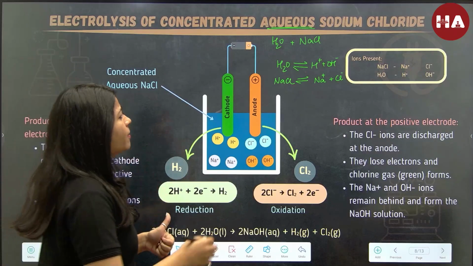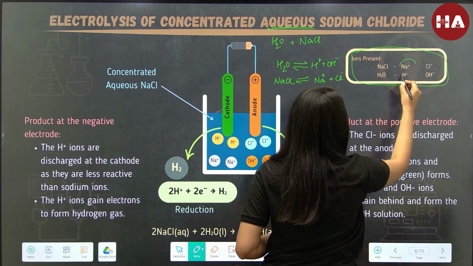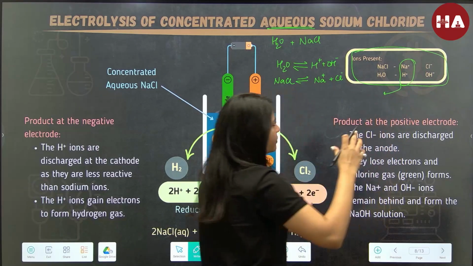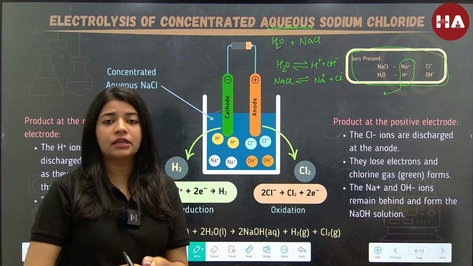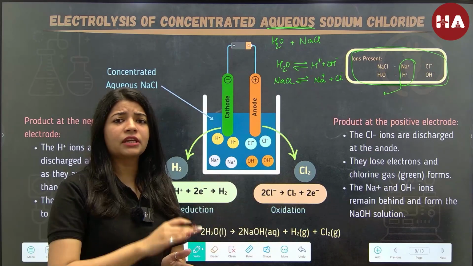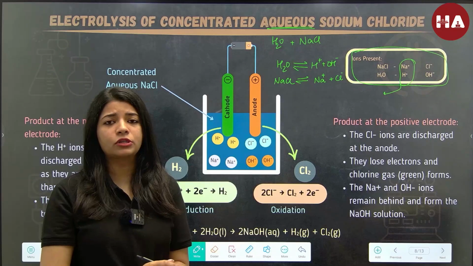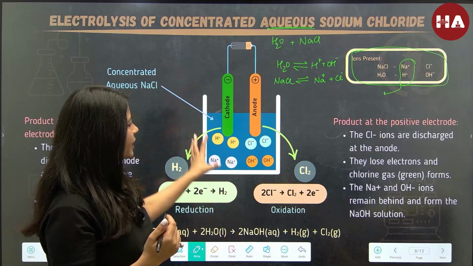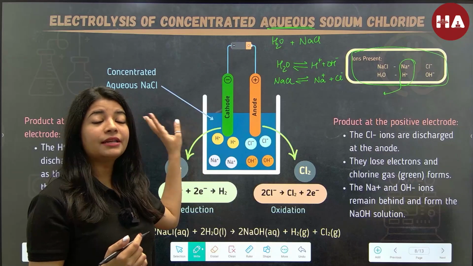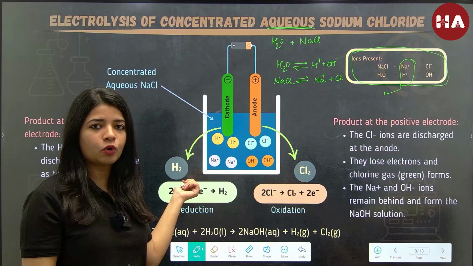First, let's talk about just the cations. These are the ions present. If you have seen the reactivity series, which we will discuss in the coming slides, whichever element is less reactive will get deposited at the cathode, or the negative electrode. We know metal and hydrogen get deposited at the cathode.